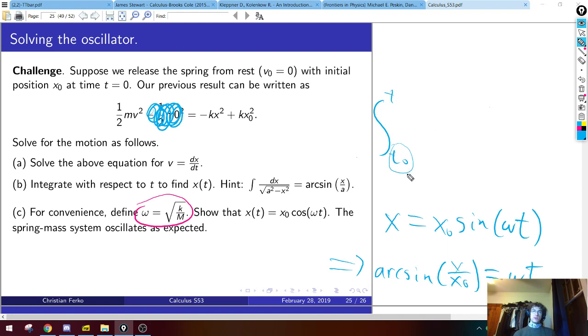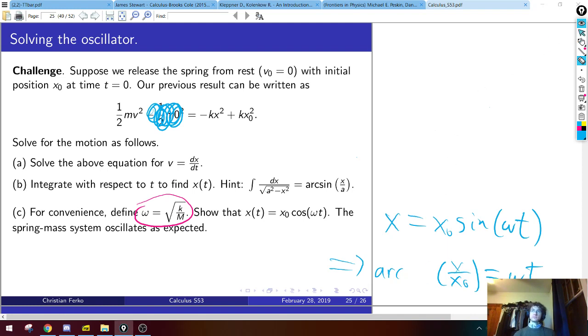So I really should have chosen arccosine instead of arcsine, because we could have done the same thing and done the trig substitution with x being cosine theta. Then this would have been 1 minus cos squared, which is sine, and these things would have canceled with a minus sign upstairs. Okay, so that's what I should have done.